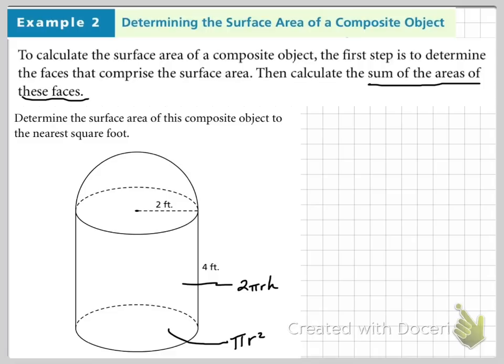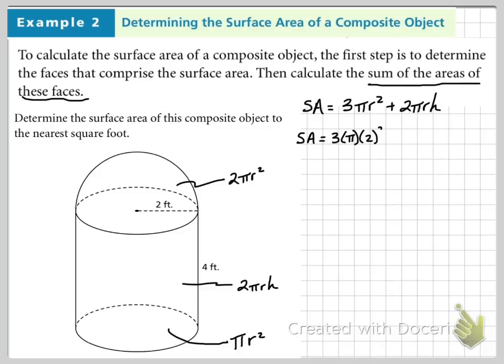The top is a hemisphere, so that would have an area of half a sphere, or 2 pi r squared. Now we've got the area of each of the faces. We can add them up, and the surface area would be 3 pi r squared plus 2 pi r h, because we can add 2 pi r squared for the top and 1 pi r squared for the bottom to get 3 pi r squared.